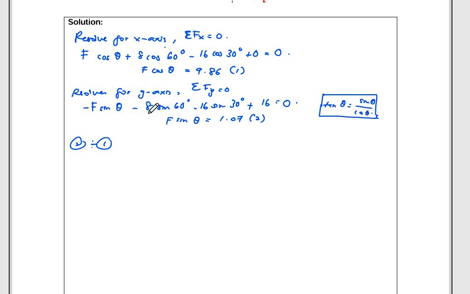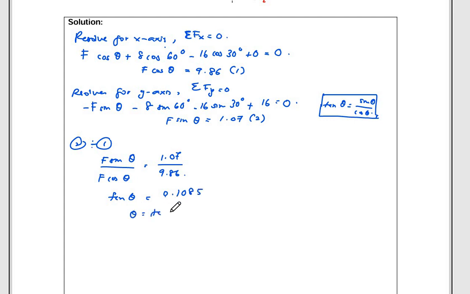So F sin theta divided by F cos theta is equivalent to 1.07 divided by 9.86. So you dapat tangent theta sahaja sebab F dengan F bahagi jadi 1. Sini dapat 1.07 divided by 9.86. For 4 decimal place, 0.1085.